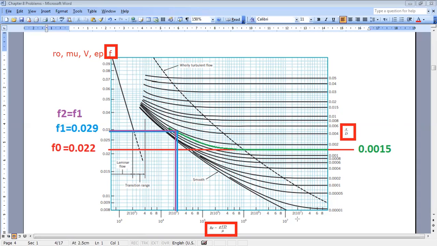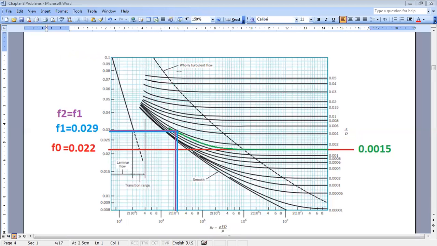The Moody chart can help us, if we know 2 of the parameters, to know the third one. So the Moody chart is equivalent to an equation, but instead of using a numerical equation, they performed an experiment and we have all the curves. So we can use the empirical relation developed, or we can use the Moody chart. Now we will learn how to use the Moody chart.